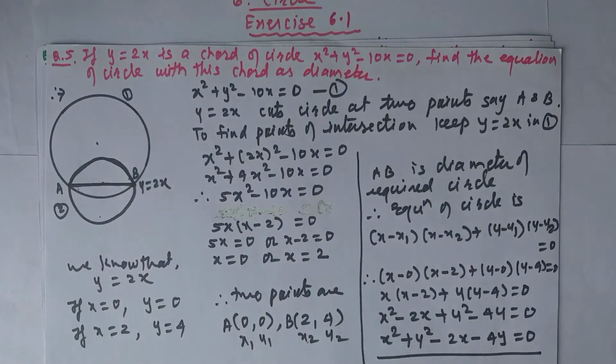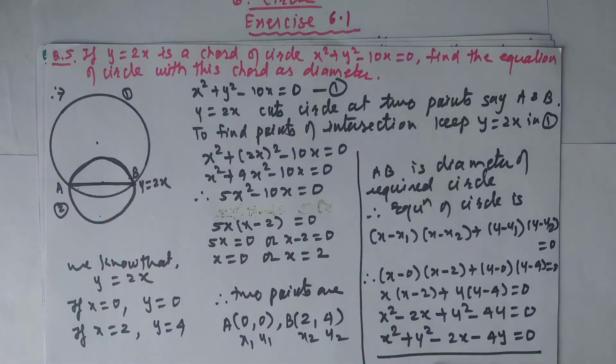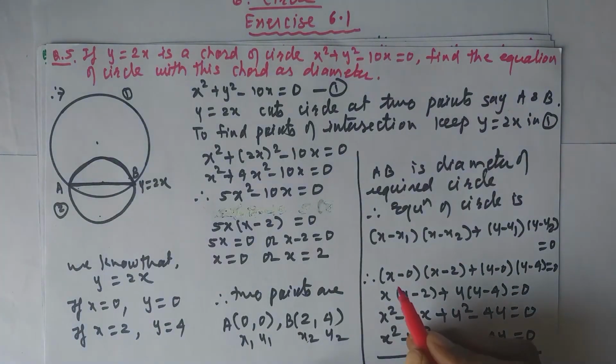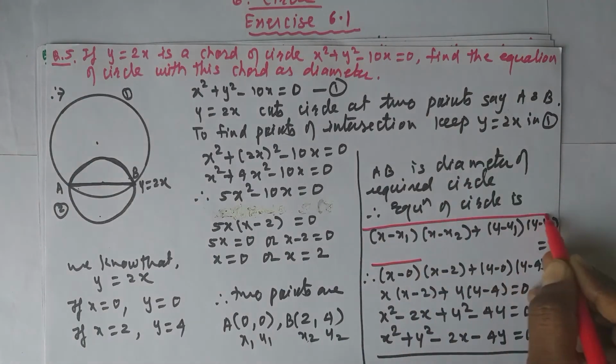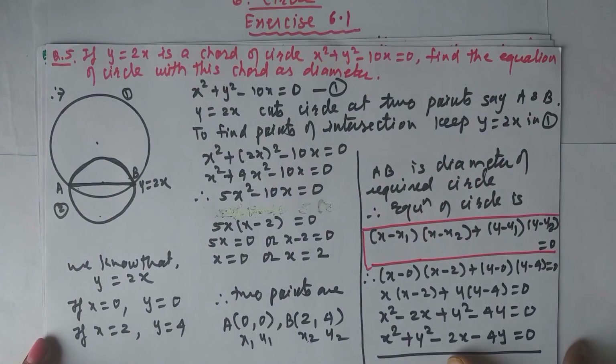Y is equal to 2x is a chord of the first circle, but it is the diameter of the second circle. In this way, we have found the equation of the circle whose diameter is the chord y is equal to 2x. Okay, students, here you must remember this diameter form of a circle. Then let's see the next question.